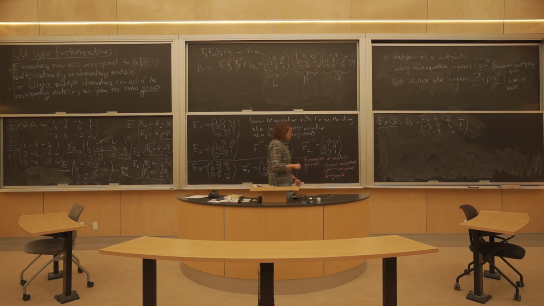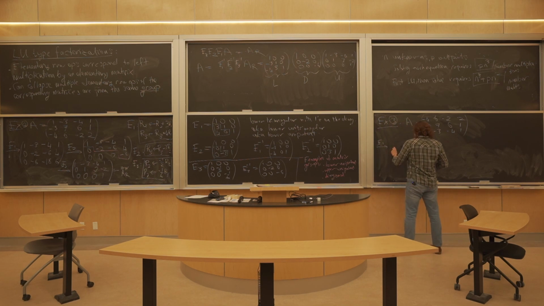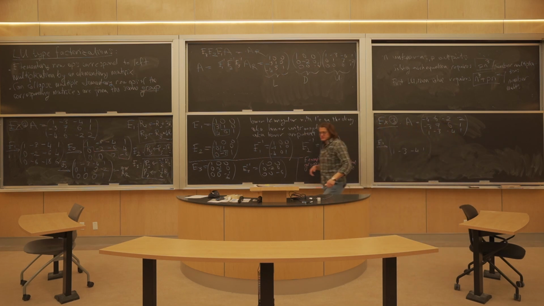You can say, I'm going to take the third row and add 3 times it to the second one, 4 times it to the first one. Okay? This time, since I'm going up, it's going to be upper triangular. And of course, the calculations are the same.